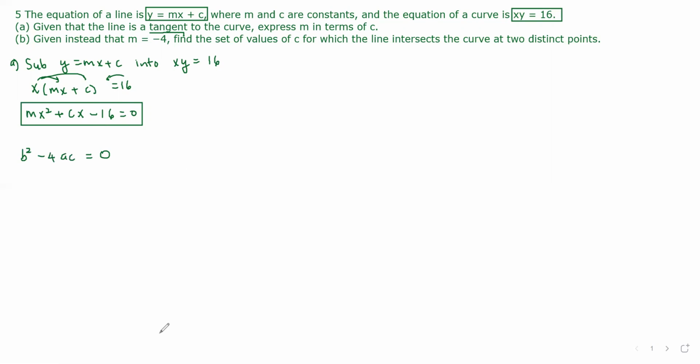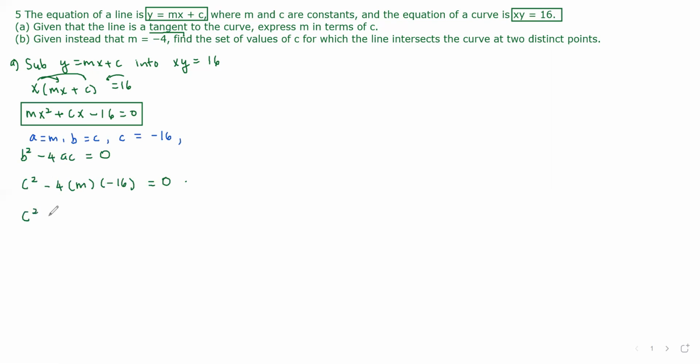From the equation here, you can see that a is m, b is c, and c is negative 16, from the standard form ax squared plus bx plus c. So c squared minus 4 times m times negative 16 is set to 0.